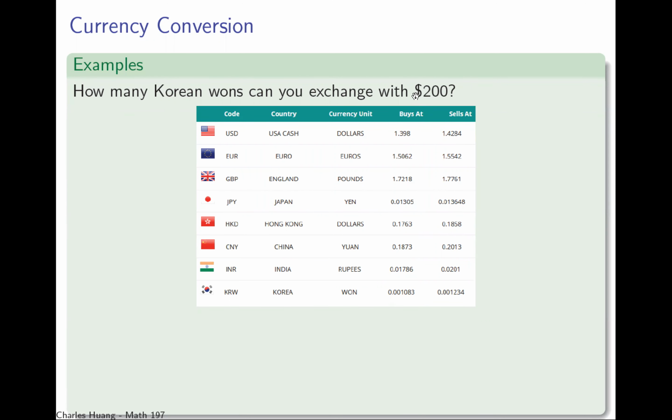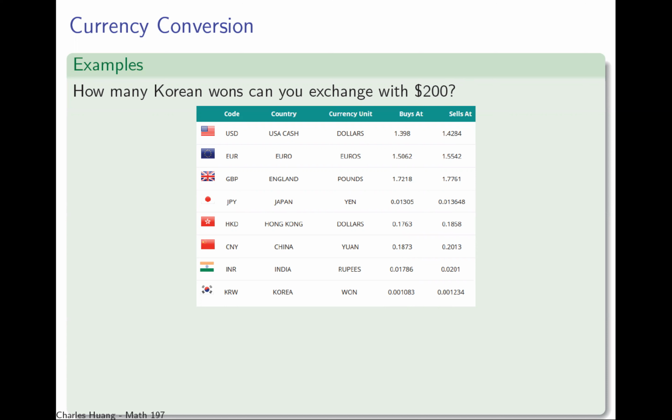So if I have $200 Canadian, how many Korean won can I get? What you'll do is pick one of these numbers and do our conversion with it. If you're not sure which one to use, it's whichever one gives you the lower number, right?